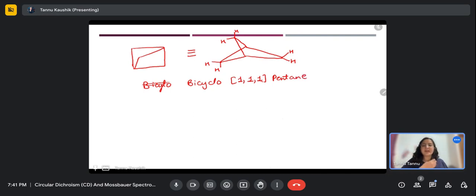So these molecules have D3H point group.